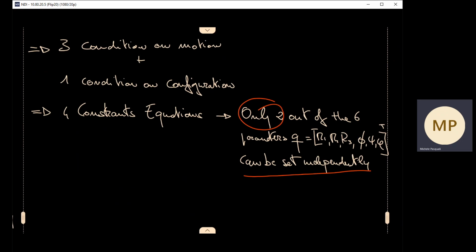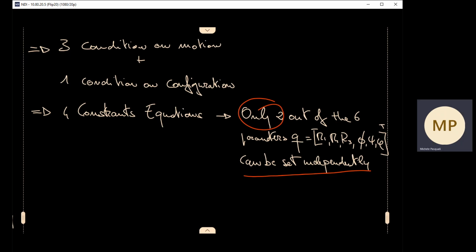But can I actually make use of this difference between parameters which can be set freely and parameters which just follow from the independent ones through the constraints? The answer is yes, you can profit from this. And in fact, you will profit from this when you try to encompass your constraint equations into your equations of motion.